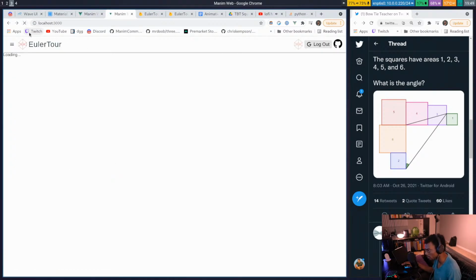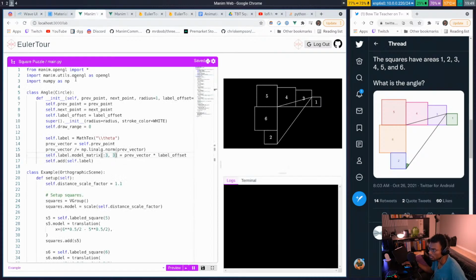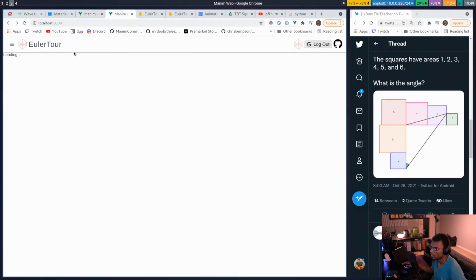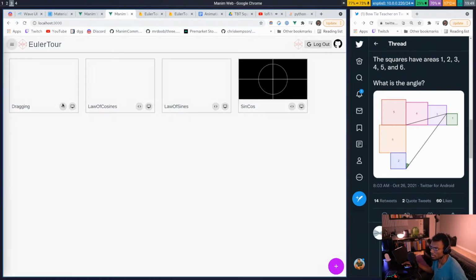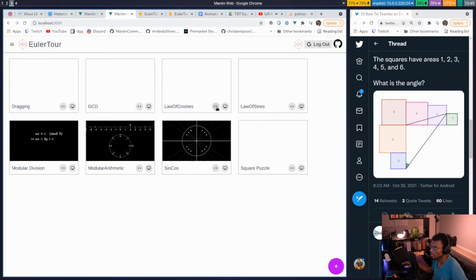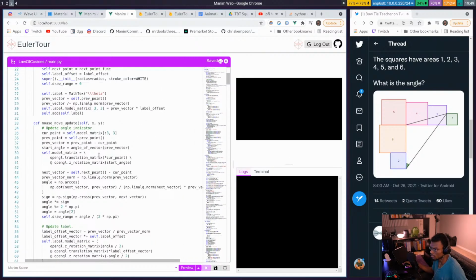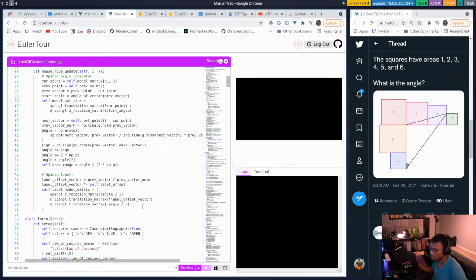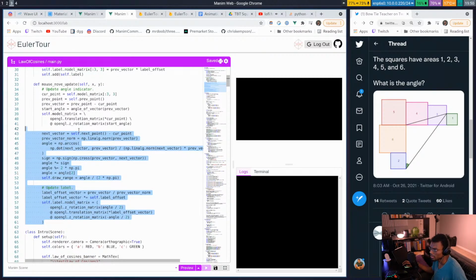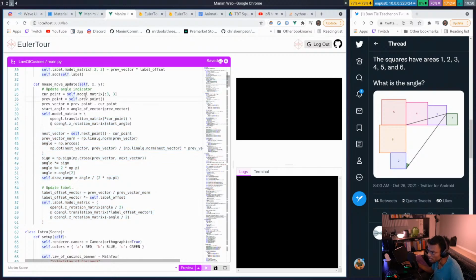I will need the update code I used. Because I have to convert those 2 points into a draw range for the angle. Yeah, so basically all of this stuff. X and Y. Wait, what do I do with X and Y? Is it even used? It just calls that function.